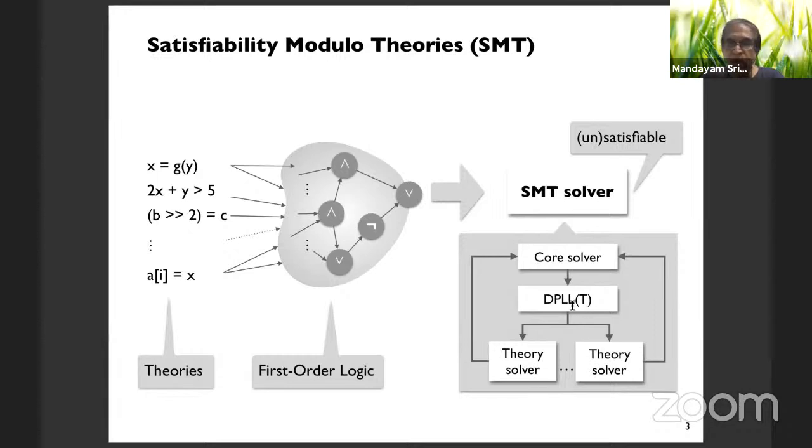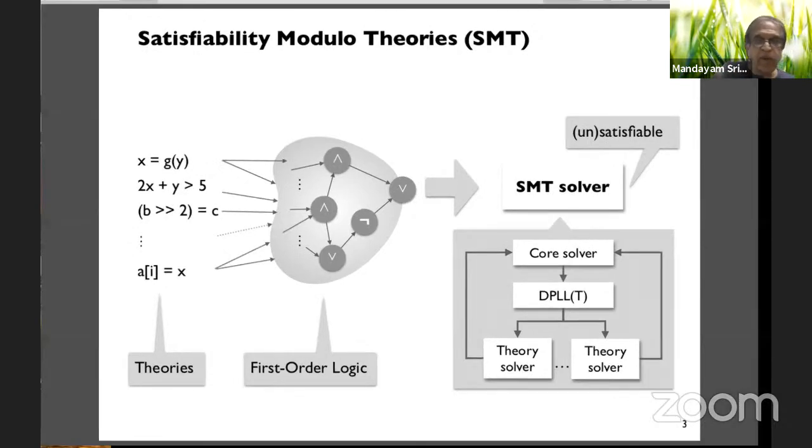And you will see that this DPLL-T is very much like DPLL, except that it talks to the core solver, that is the combined theory solver, to decide formulas of arbitrary composition.